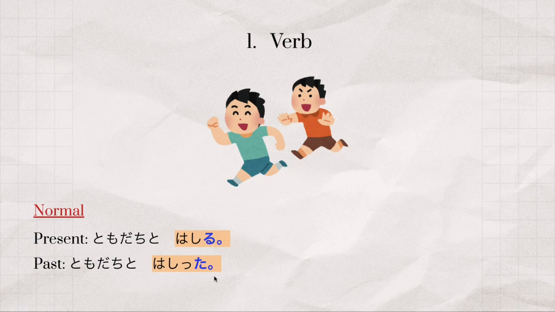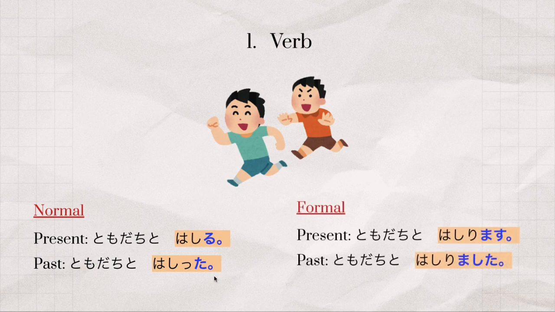Moving on to the polite form, the present tense would be 友達と走ります. So comparing from the normal 走る, it would convert to ます. Past tense would be 友達と走りました.